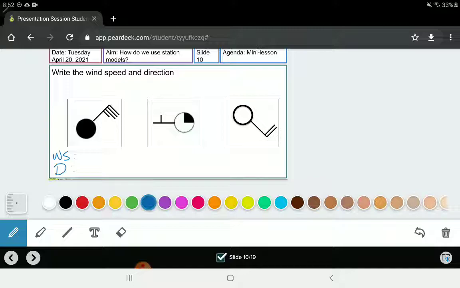For this one, you just need to remember your north, east, south, and west on that little compass. This is actually coming from the northeast. So that is our direction. And then you're going to count those feathers. We have 1, 2, 3 full feathers, and then a half feather. So that is 35 knots. And you're going to figure that out for the others as well.